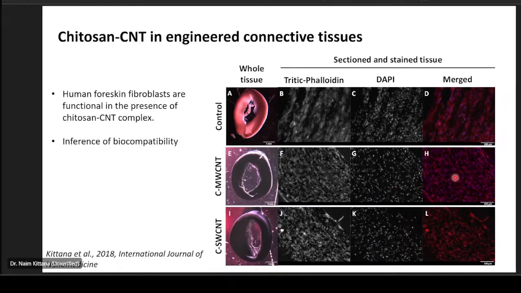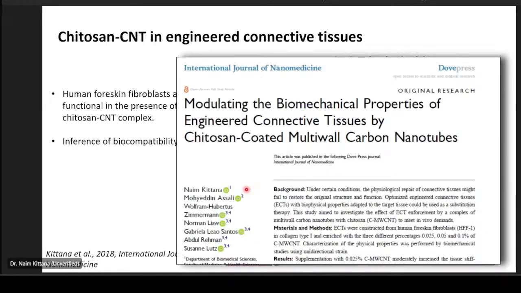And the cells were organized in lines along the length of the tissue, which means that the cells are functional. So they are there, they are functional, they are viable, and the tissue's mechanical properties are really enhanced. Now, these interesting results were also published in the International Journal of Nanomedicine.